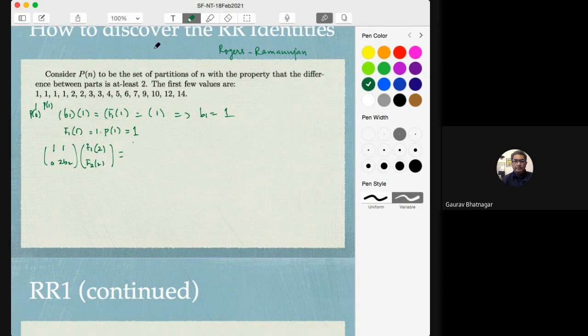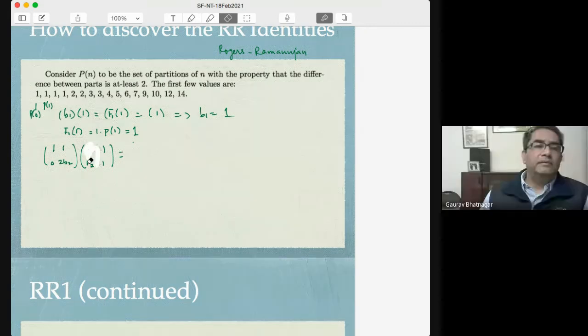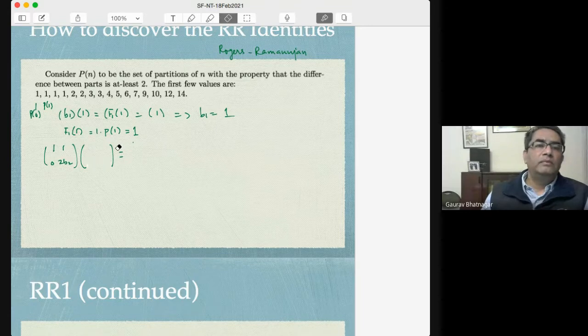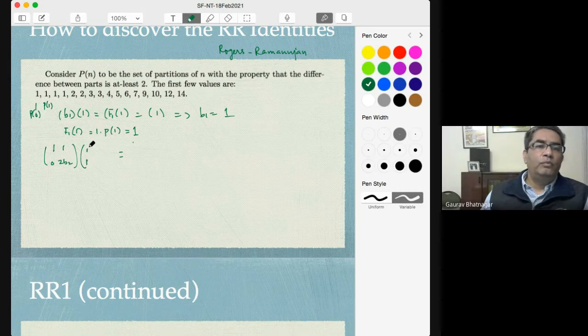No, I know. What am I doing? This is P0, which is 1 and 1, and this should be equal to F1 of 2 and F2 of 2. So one of them is easy to find. The first one I get immediately: 2. This should be 2 times 2.